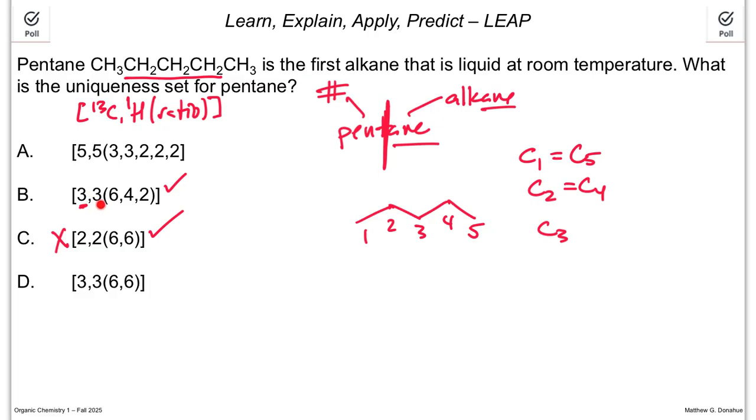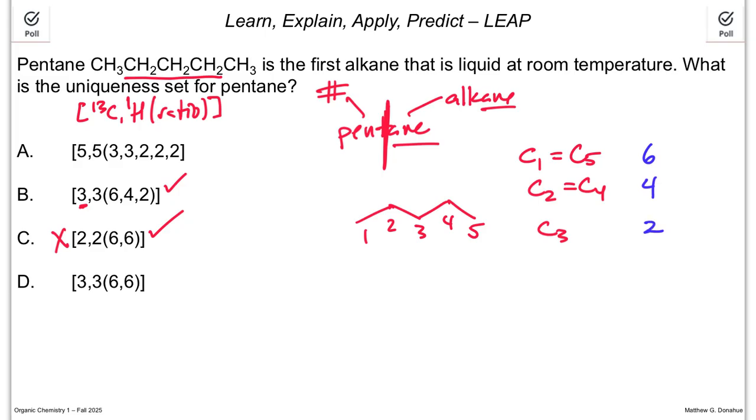But in this case, there ends up being 3 unique sets of the hydrogens. And so what we'll do is just write those numbers here. Since 1 and 5 are methyl groups, that's a total of 6 hydrogens. 2 and 4 are methylene, that's 4, and then 3 is methylene.